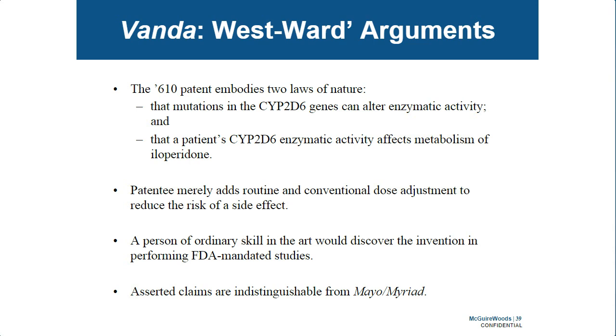A person of ordinary skill in the art would discover the invention in performing your ordinary FDA-mandated studies. And finally, it was argued that the asserted claims are not different from the Mayo case. That's exactly what happened in the Supreme Court's Mayo case, where the Supreme Court determined that this physical relationship between the amount of the drug in the body and the dose was governed by law of nature.